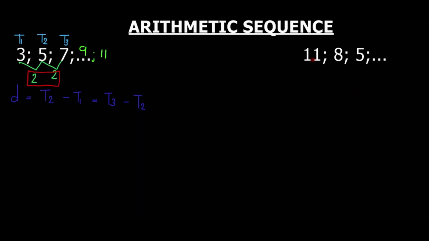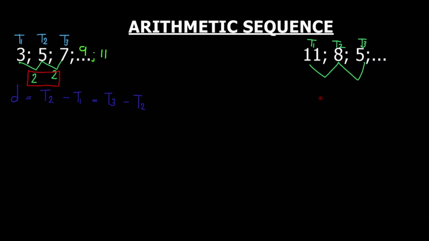I'll label this example. The arithmetic sequence. This means the constant difference between the terms, meaning T2 minus T1, is also T3 minus T2. This is our term number 1, term number 2, and term number 3.